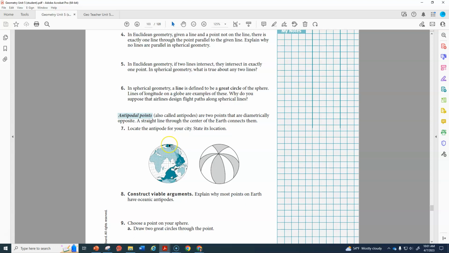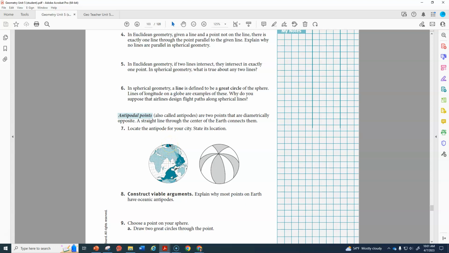They're like at the very tip top of the globe and at the very bottom, but they don't have to be at the top and the bottom. They could be at any opposite points. Anti means opposite, podal points. So they just have to be completely opposite each other on a round surface. If you stuck a pole from one antipodal point to the other, you would be going directly through the center of that sphere.